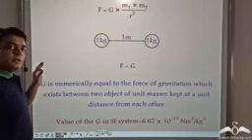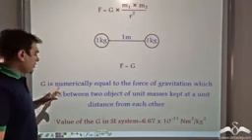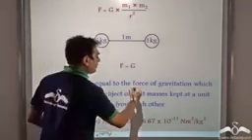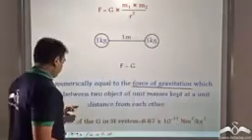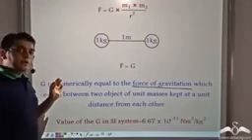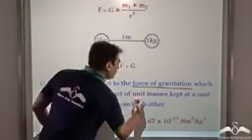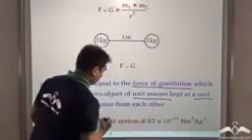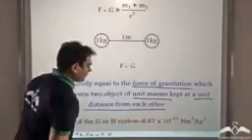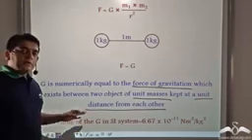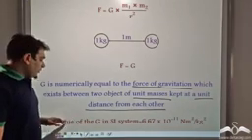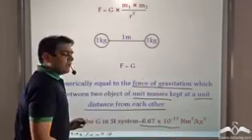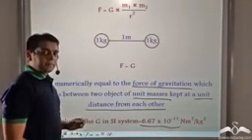Hence, G, or the universal gravitational constant, is numerically equal to the force of gravitation which exists between two objects of unit masses kept at a unit distance from each other. And this has been found to be 6.67 into 10 to the power minus 11.